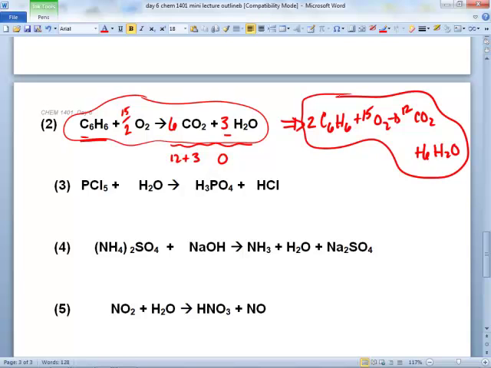Hopefully, when you get down to 4, realize in those parentheses, you have to multiply through. You'd actually have 2 nitrogens and 8 hydrogens there with that little 2 down here. 2 nitrogens and 8 hydrogens.